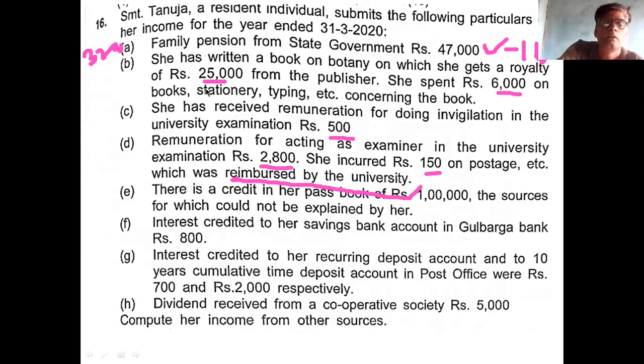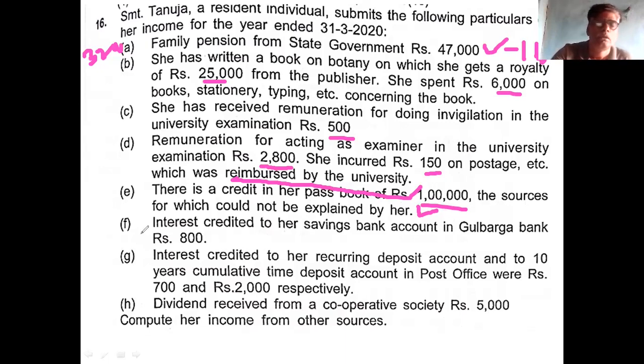The next point is there is a cash credit in her passbook, rupees 1 lakh, the source of which could not be explained by her. She has not given any explanation regarding that. Therefore, that is called income from undisclosed source.